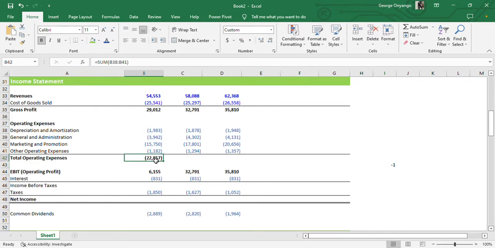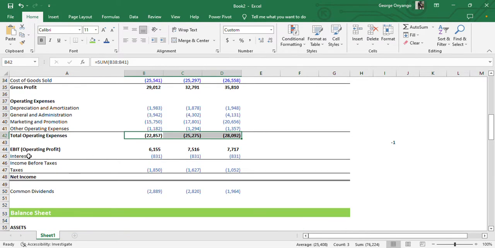So from there we just fill right, then we'll be able to get the EBIT, the operating profit. EBIT is the earning before interest and taxes. So it means that to get that, we are going to get the difference between gross profit and total operating expenses. It has populated itself there.